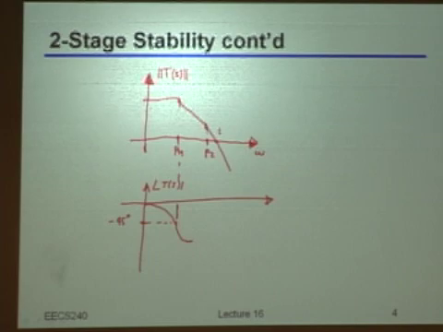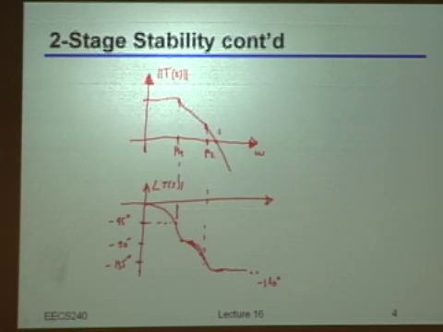Then the second pole will start kicking in, and then we will have minus 135 here, and then again minus 180. So this is more or less what would happen if I have the poles spaced a little bit, with some space in between them.